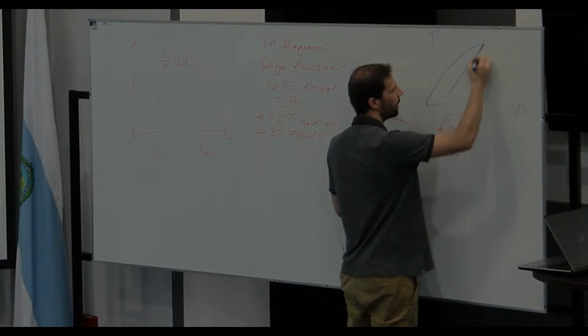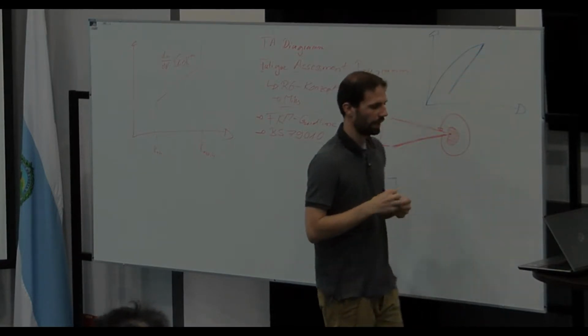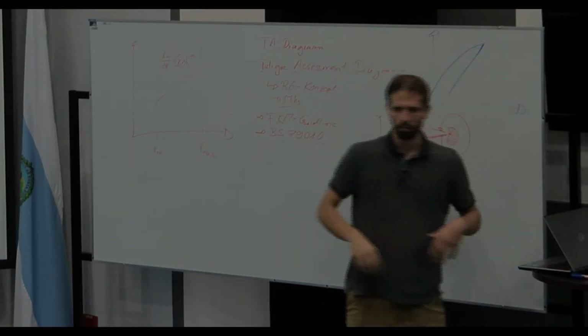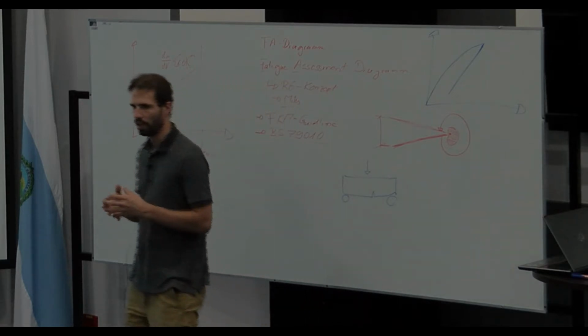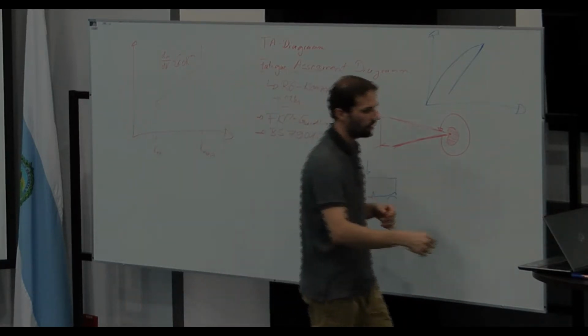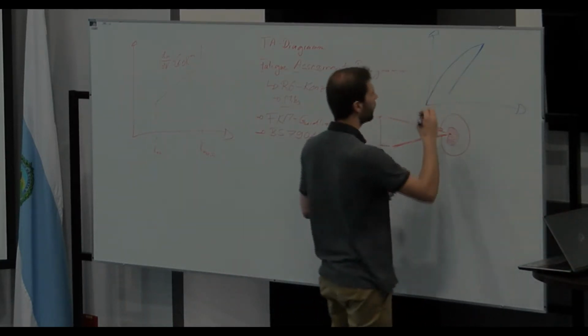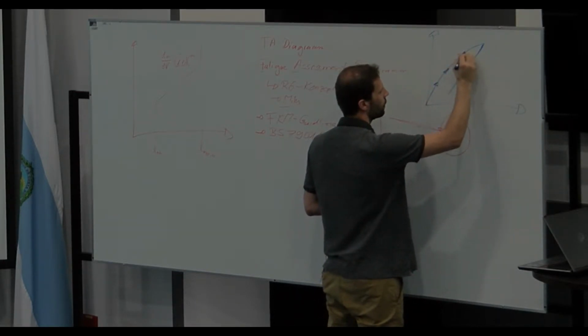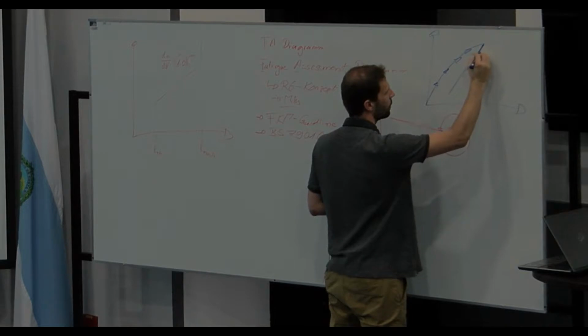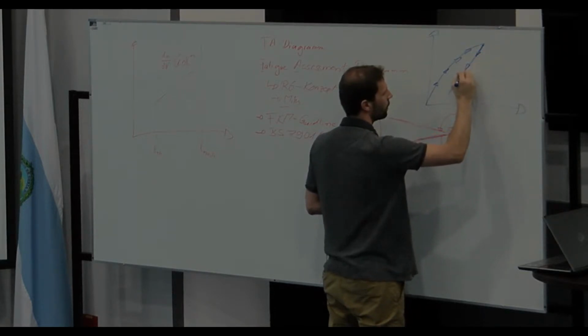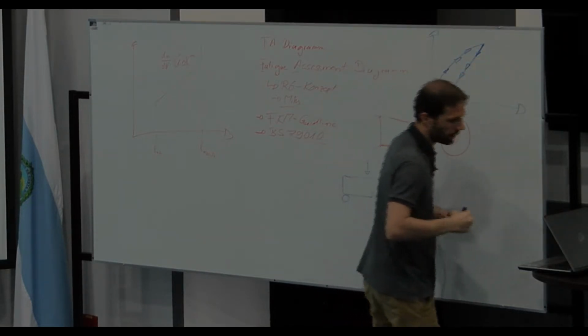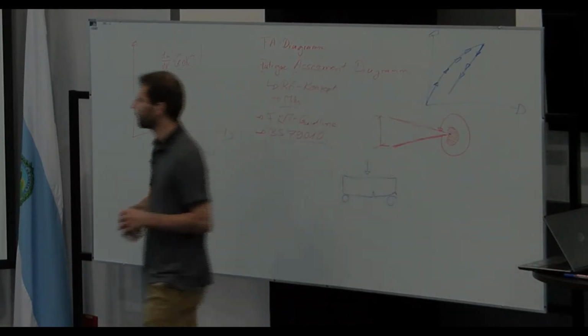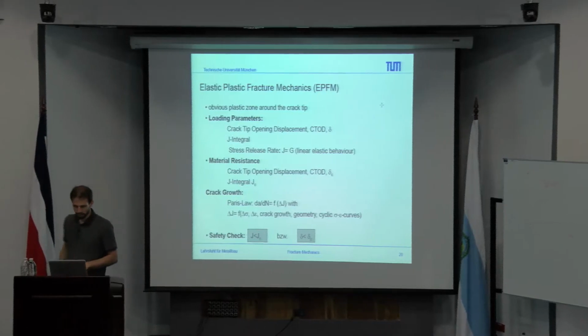And at the end, our material follows again our basic part of the modulus of elasticity. So at this part, we also can recalculate the elastic and the plastic behavior. And this is also something which is meant by the stress release rate.